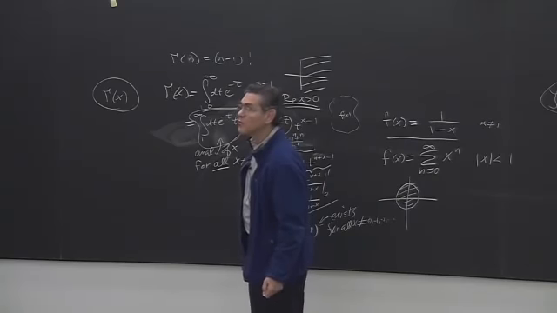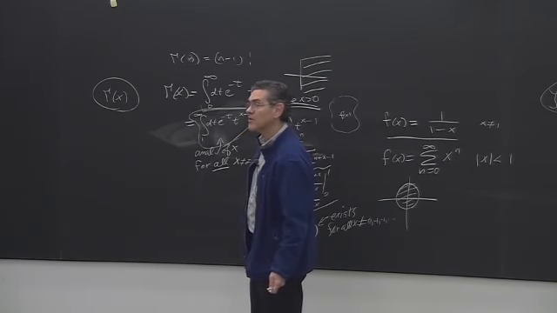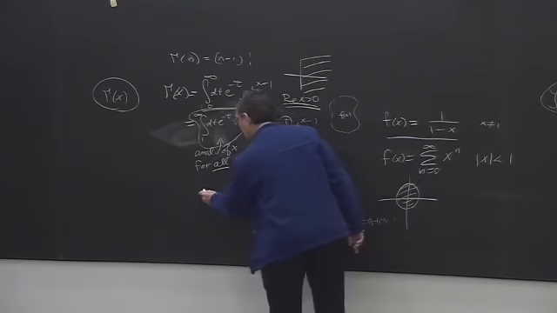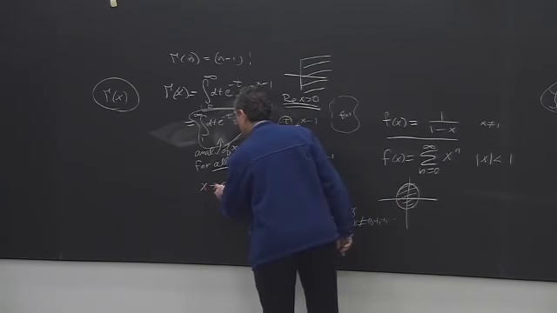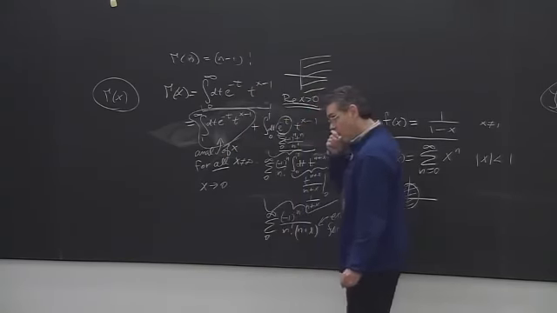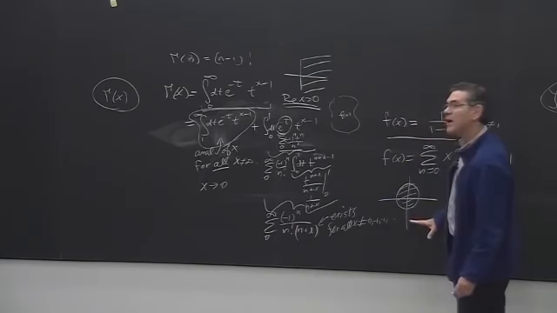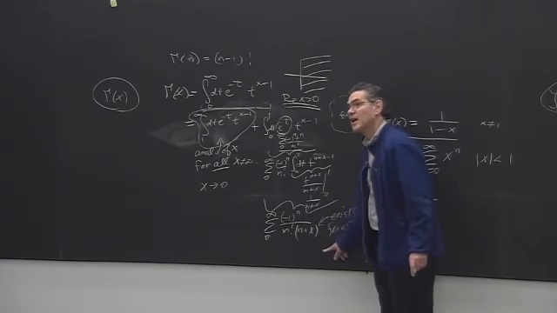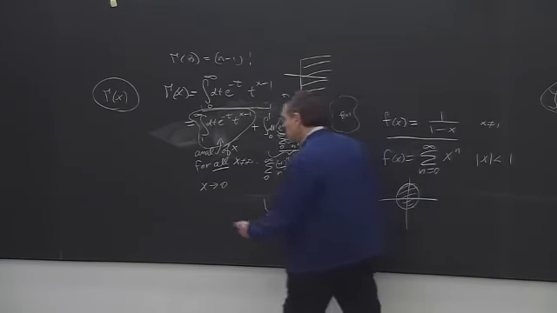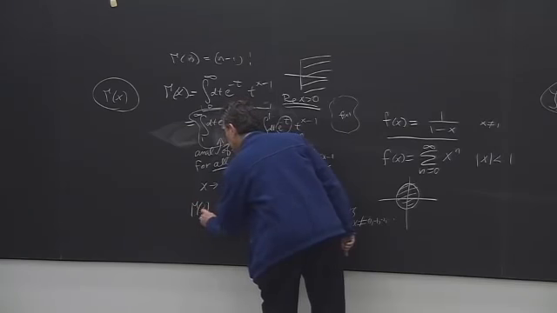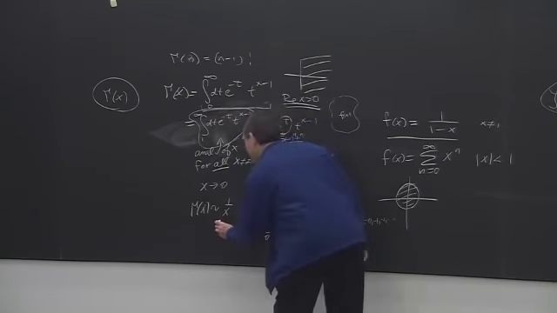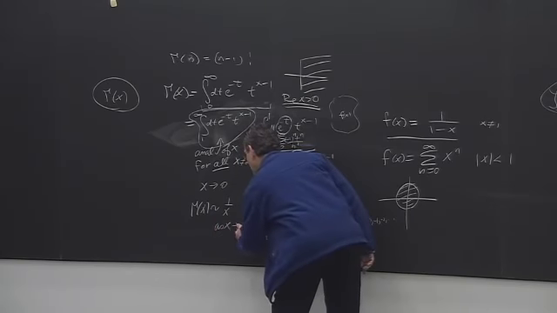What happens as we approach one of the singularities? Okay, so we can ask what happens as x approaches, for example, 0. And everything remains finite except for one term in this series. And the one term in this series is 1 over x. So we know that gamma of x is asymptotic to 1 over x as x goes to 0.